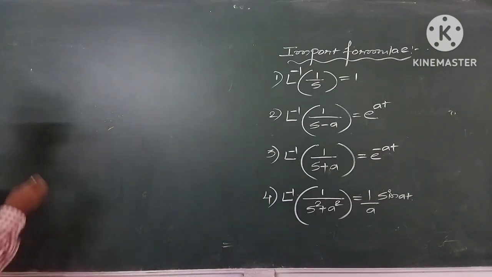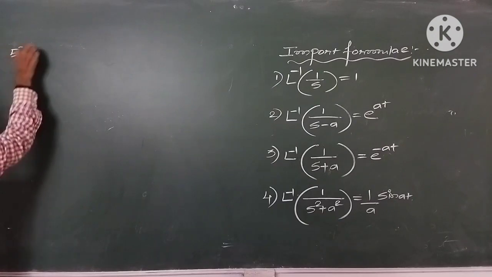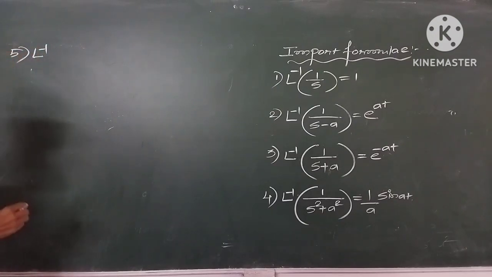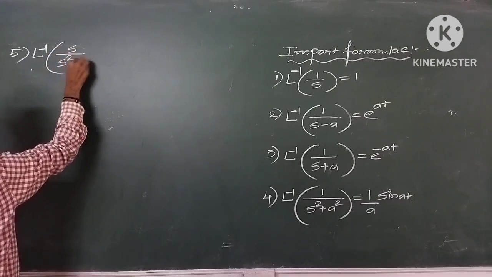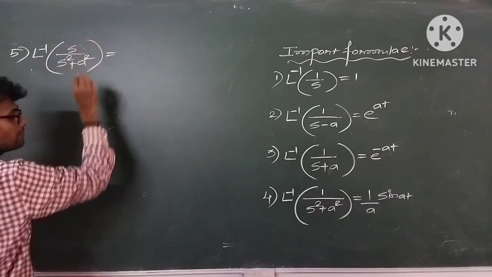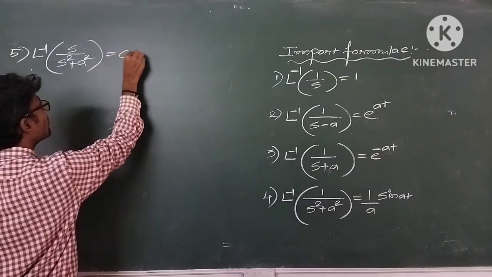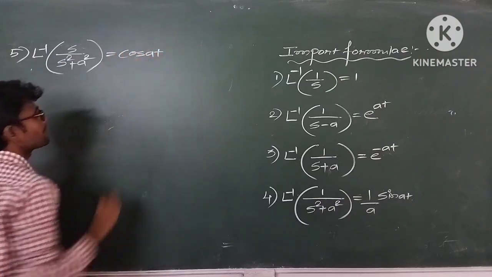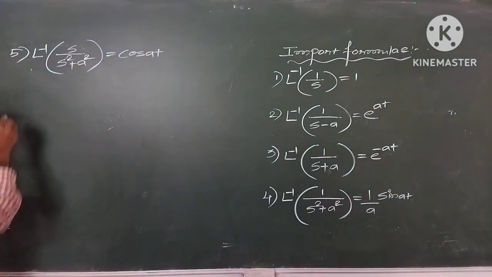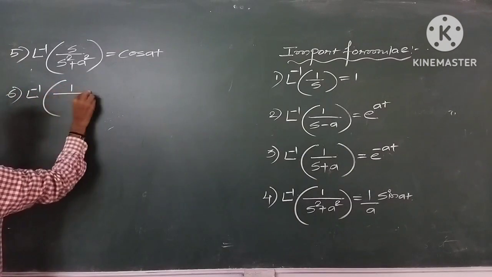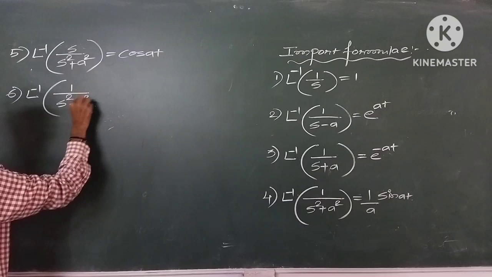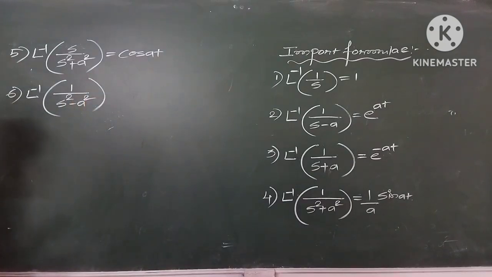Inverse Laplace transform of s divided by s square plus a square is equal to cos at.